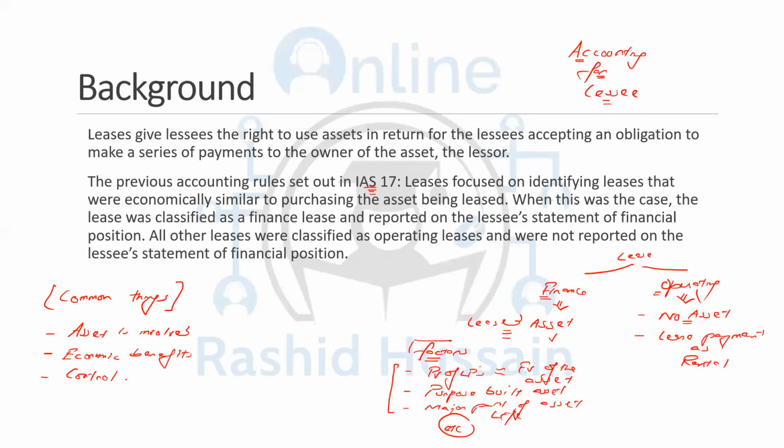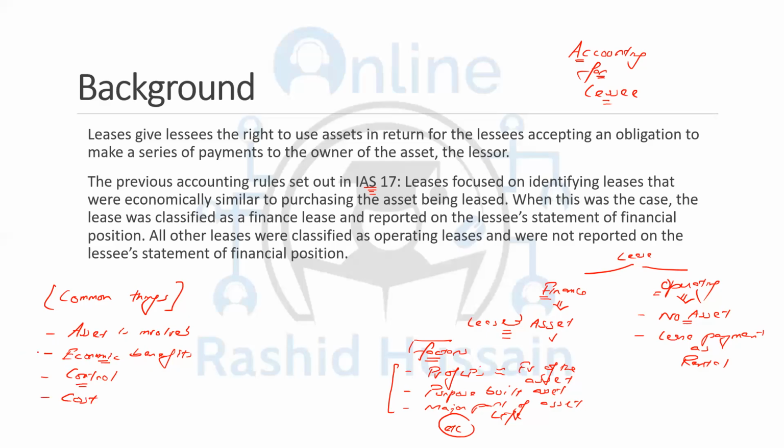So if you talk about the risks and rewards within that lease period, the risks and rewards belong to the lessee. So there is evidence of economic benefits, there is evidence of control, and the cost. Yes, you can measure the cost of the lease because you are making payment for it.